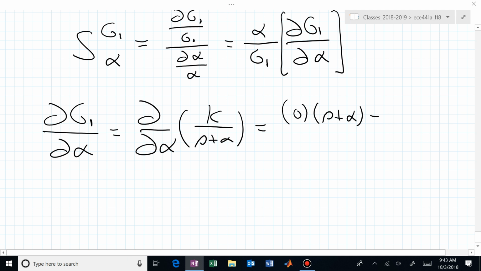I'm getting impatient. 0, right? And now we subtract the numerator times the partial of the denominator with respect to alpha. If I differentiate S plus alpha by alpha, what do I end up with?